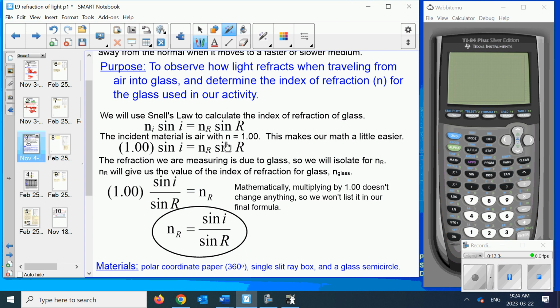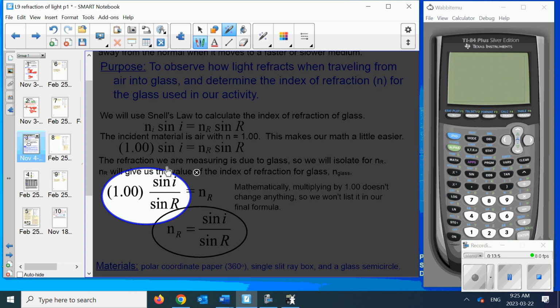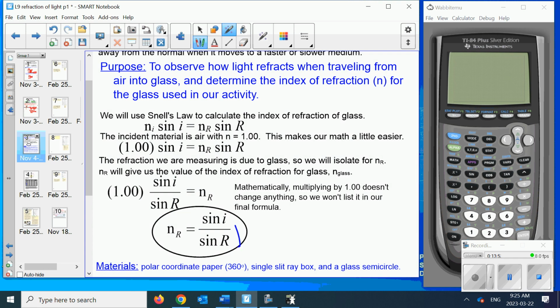NR gives us the value of the refraction of glass. So this is where the formula comes from. Basically, we divide this up. And that's where this formula is. There it is. We're going to be using that.